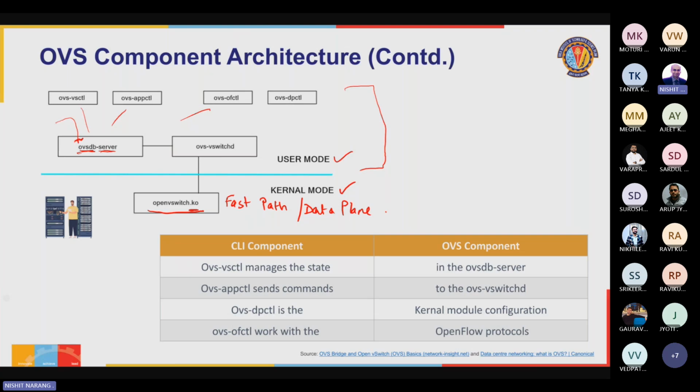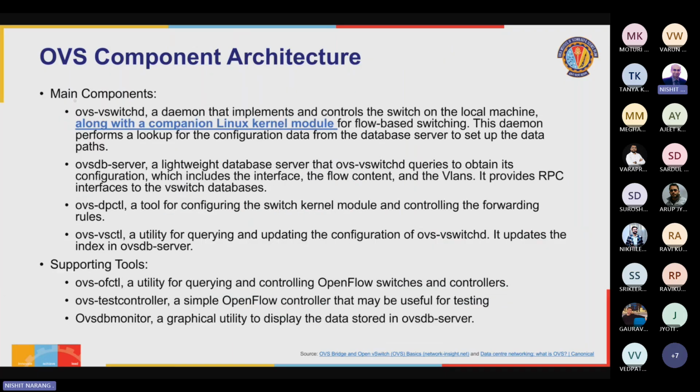Whereas ovs-vswitchd is a daemon process that is running to implement the core control plane function of the OVS. It implements and controls the switch on the local machine. So it's like the control plane of the OVS, and it's largely sending the control plane commands to the kernel module, which acts as the data plane.